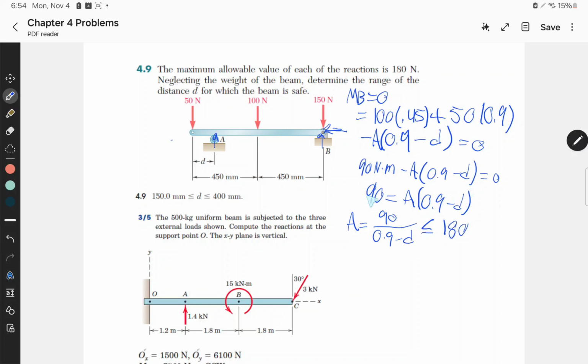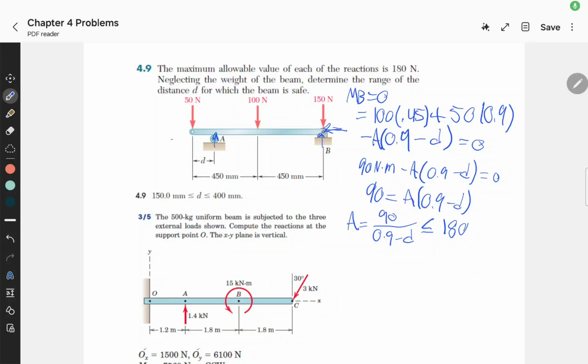So now we're saying that the reaction at A has to be less than or equal to 180.